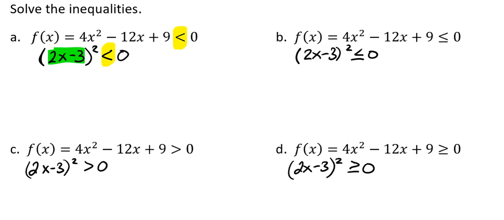If a negative comes out, I'm squaring it, and any negative number squared is going to end up being a positive number. So it doesn't really matter what I have there. We're going to have no solution for this first one, and we would write that as the empty set.